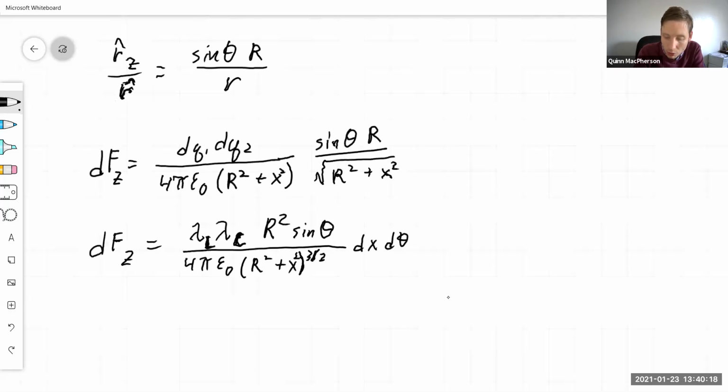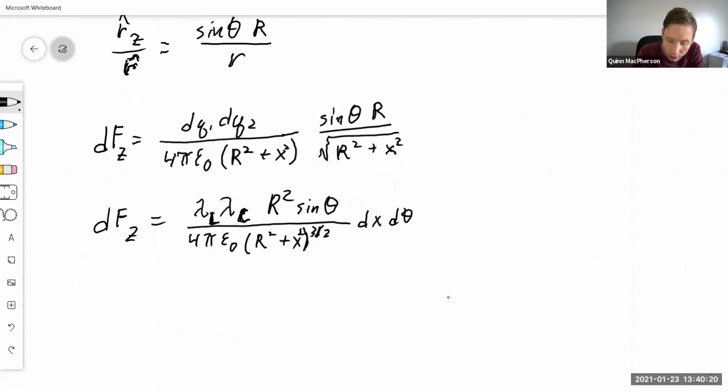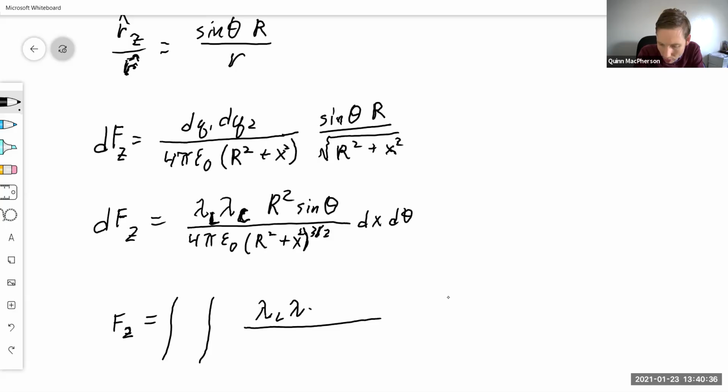Okay, we want the full force. So force in the z direction, we're going to integrate both sides. So we're going to get the full force is the integral. I'll put in my limits in just a minute, so I'm leaving some room for them, of lambda L lambda C R squared sine theta, I'm going to switch the order, d theta dx.